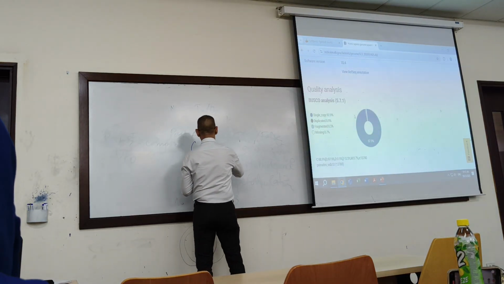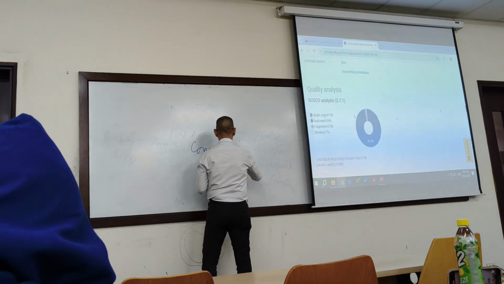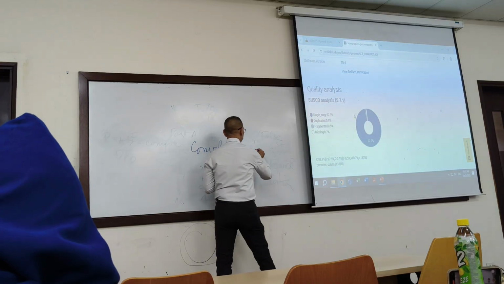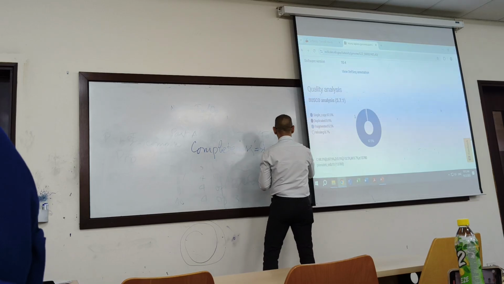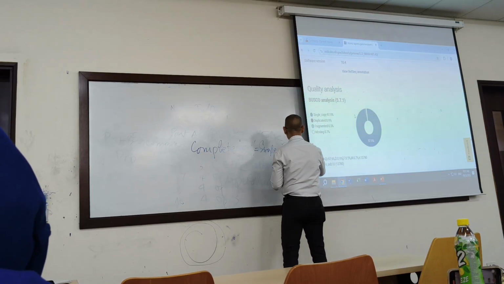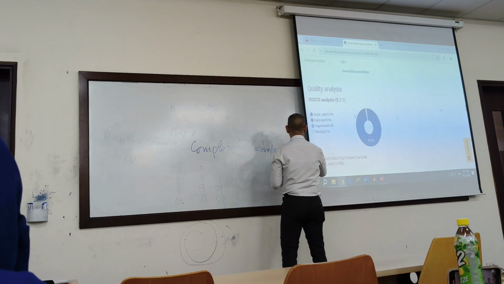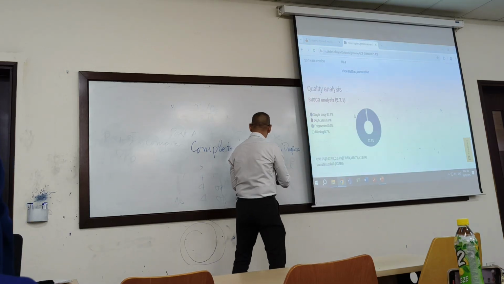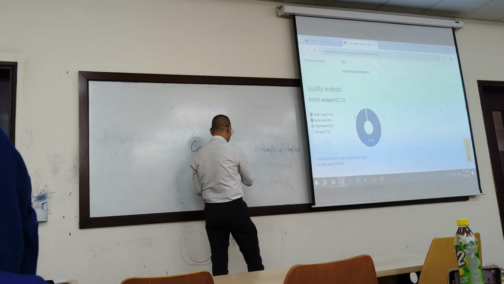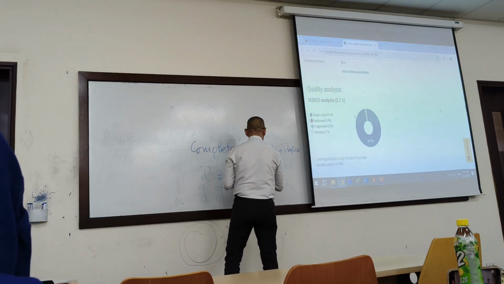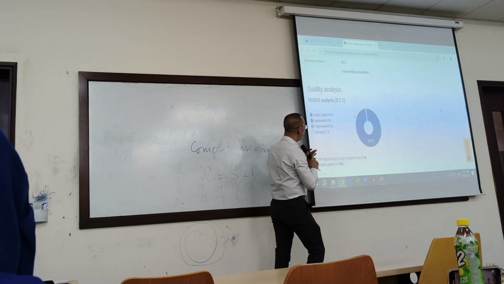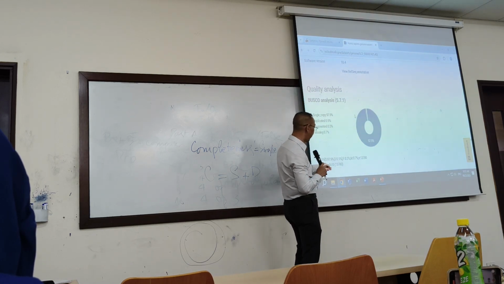Completeness equal to single plus duplicate. Okay, that completeness. C represent for completeness equal single S plus D.